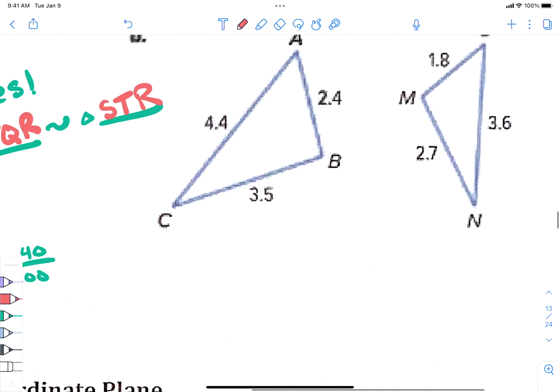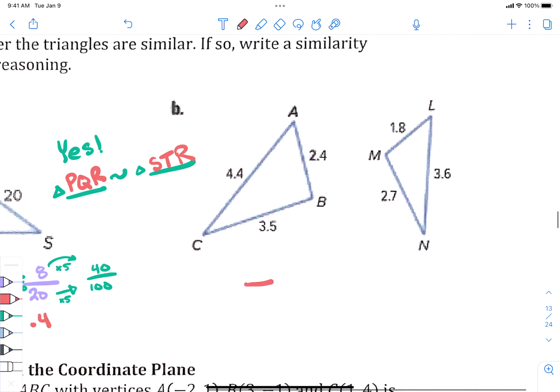All right, let's go to B. We're doing side, side, side again, so we have to do the ratios. So something over something, something over something, something over something. What do you want to start? 1.8 over 2.4.